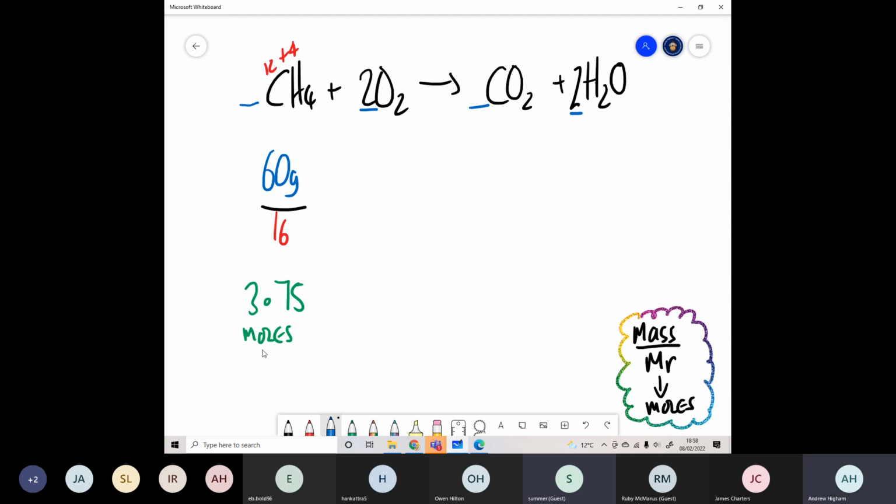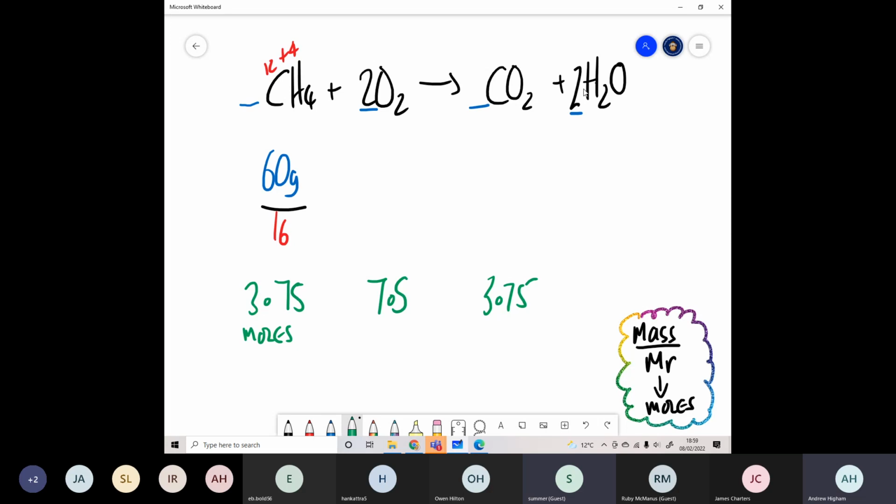So what I would do is I would just pick out the easy ones. I'm going to take this methane and the carbon dioxide is 1 to 1. So therefore, if that's 3.75, this has got to be 3.75. And then we need to double it up. So when we double this up, we're going to get 3.75 times 2, which equals 7.5.